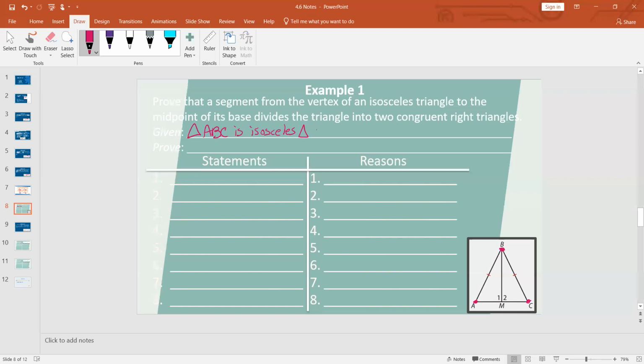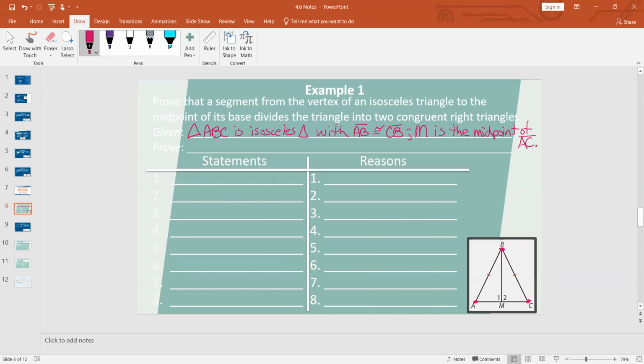Isosceles triangle with AB congruent to CB. And they told us the segment from the vertex to the midpoint of the base. So they're telling you that M is the midpoint of, I'm out of room, base AC.